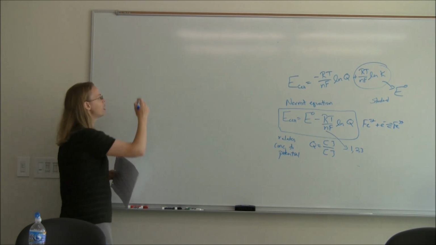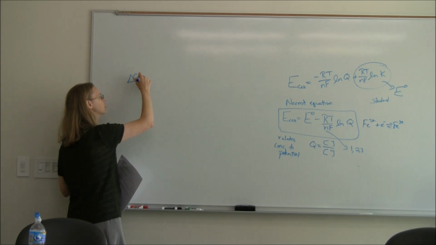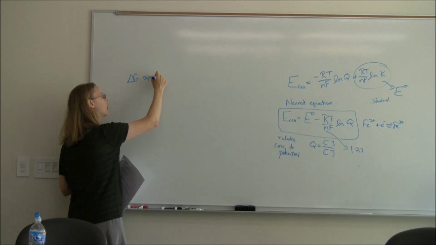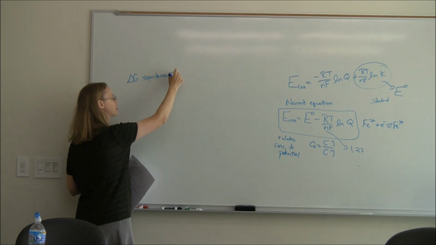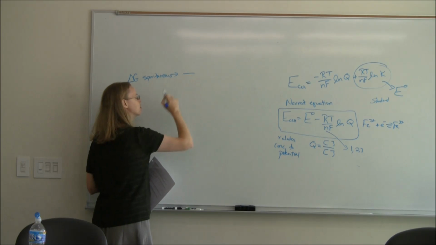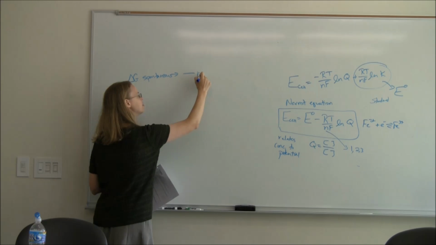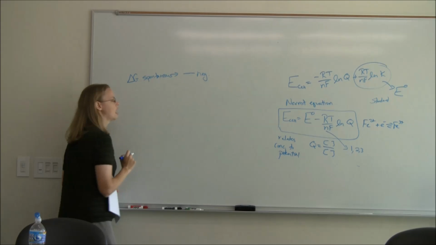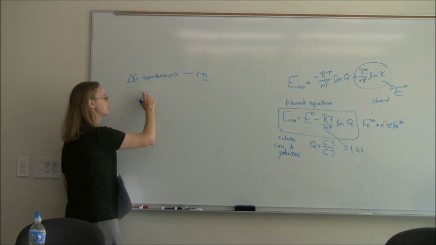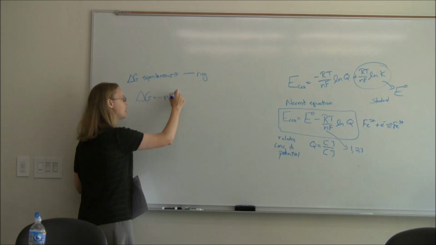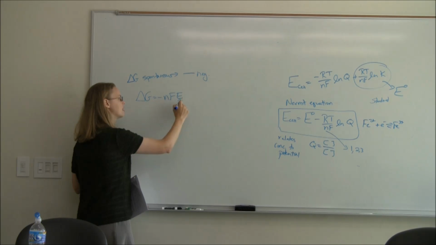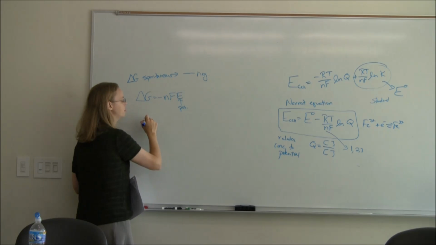So when is something spontaneous for delta G? Hopefully you answered to yourself that things are spontaneous when it's negative. So if you have a negative delta G, then you're going to have a spontaneous reaction. Well, if delta G is equal to minus NFE, to get it to be negative, that means we want a positive cell voltage.